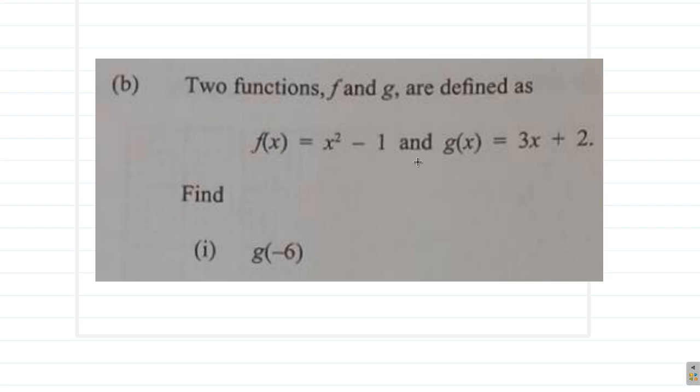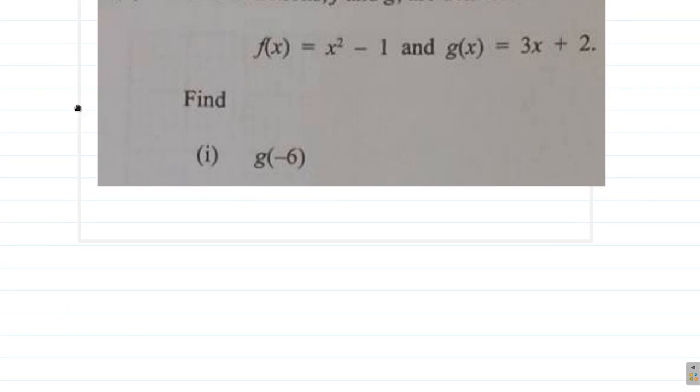Alright, f and g defined as f of x is x squared minus 1, g of x is 3x plus 2. Okay, you must find f of g of negative 6. That's g of negative 6. Let's see how this goes. First of all, it says g of x equals 3x plus 2.